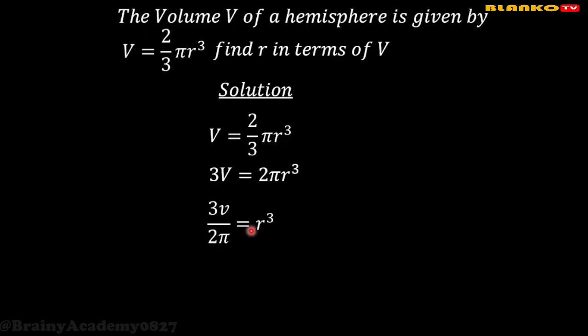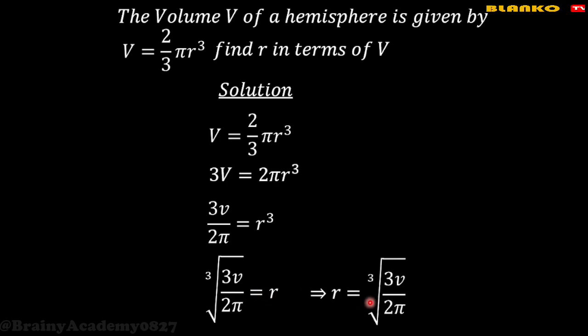To make r the subject, let's find the cube root of both sides to eliminate the cube on the right hand side. So we get the cube root of 3V over 2 pi equals r. So r is equal to the cube root of 3V over 2 pi.